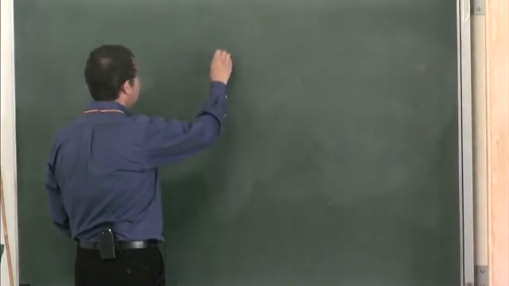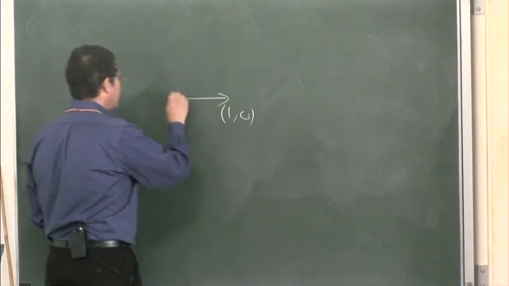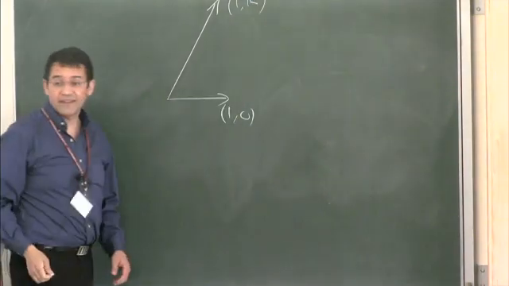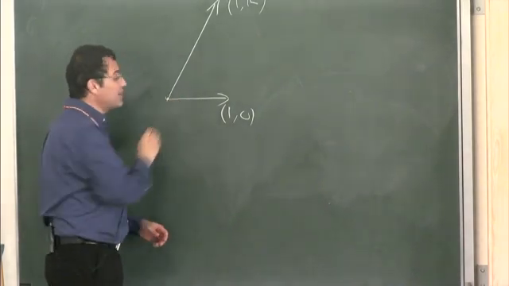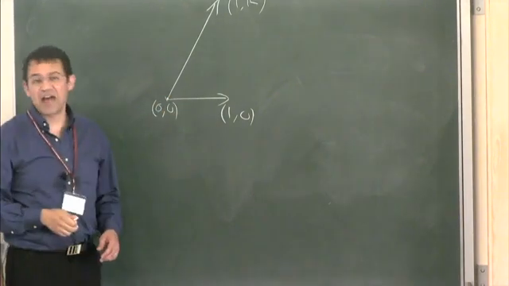So let's take the vector 1, 0, and here I need 1, k. How many lattice points are there in the fundamental parallelepiped of this cone? Let's just count them. How many are there?